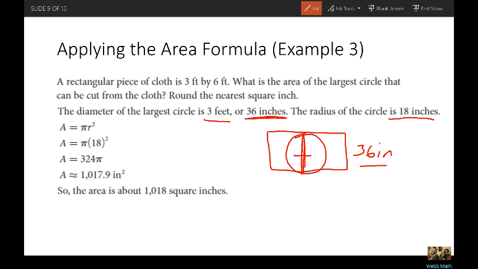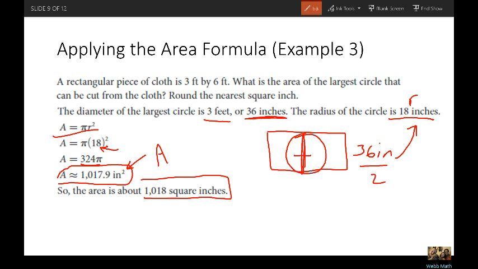What's half of 36? And that's how they got their radius. Okay, so use your area formula. Our radius we determined was 18. So you have 18 squared times pi, and you'll get your approximation, which is always going to be squared because it's area. Okay, so remember context. There's your answer.